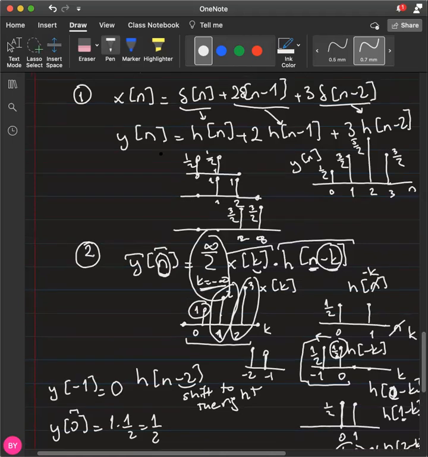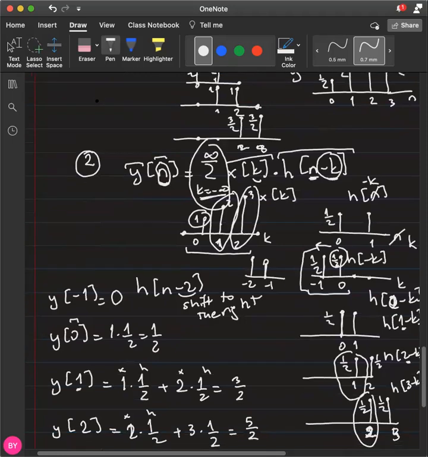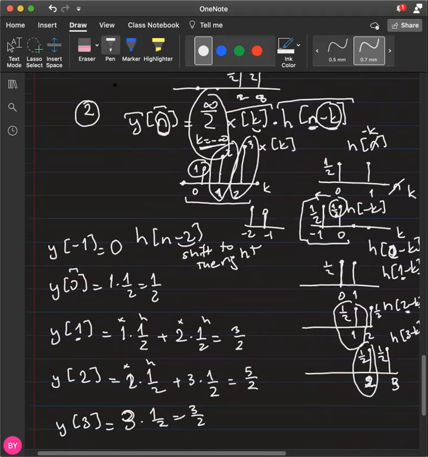One of them is using a property called sifting property, in which I should write x of n as Dirac n's and y of n as linear combination of h of n's. This is the first way of doing convolution sum. The second way of performing convolution sum is using this summation formulation. Okay? So how will I start everything? I will start everything by plotting x of n, changing it into x of k.